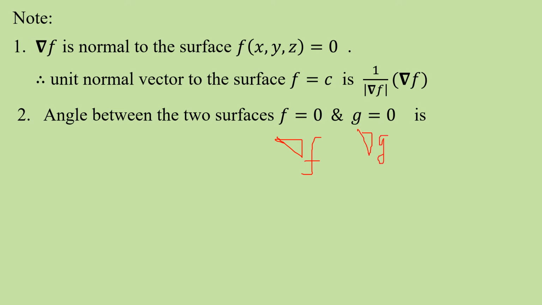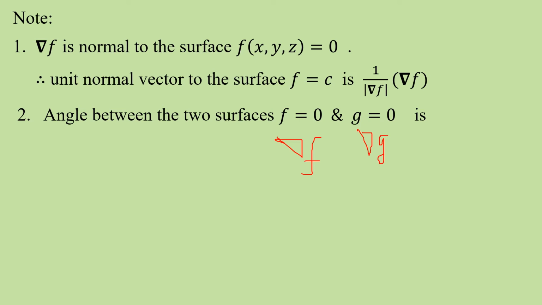So these two are vector quantities. Once we know that two vectors are given, for the angle between these two vectors I can use cos theta from the dot product. So theta is equal to cos inverse of the numerical value of del f dot del g by magnitude of del f into magnitude of del g.